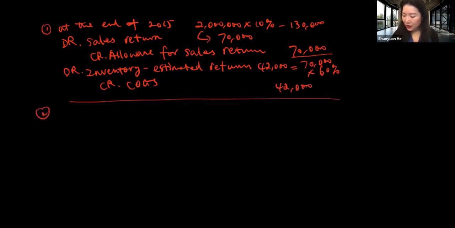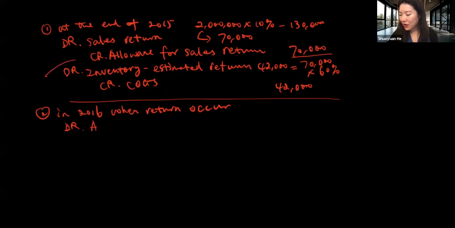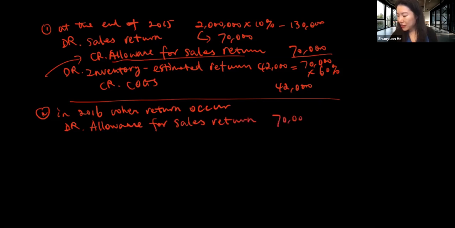And how about in 2016, when those returns actually occur? My journal entry is to debit, so now I can reverse this allowance account. I debit allowance for sales return for 70,000, and now I can credit my accounts receivable for 70,000.